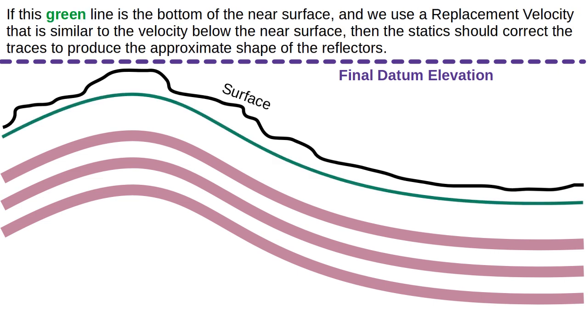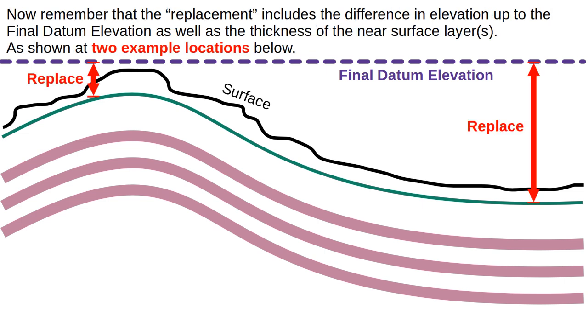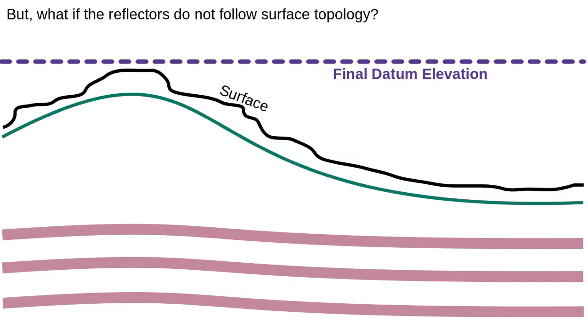If this green line is the bottom of the near surface, and we use a replacement velocity that is similar to the velocity below the near surface, then the static should correct the traces to produce the approximate shape of the reflectors. Now, remember that the replacement includes the difference in elevation up to the final datum elevation, as well as the thicknesses of the near surface layers, as shown at 2 example locations below.